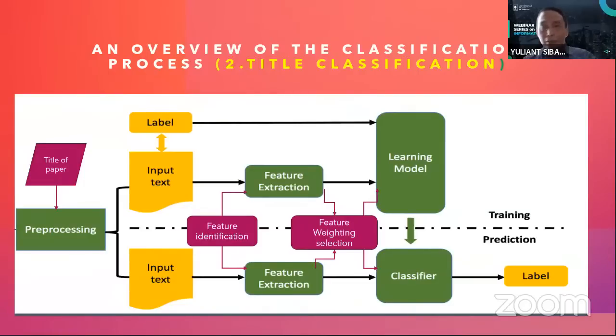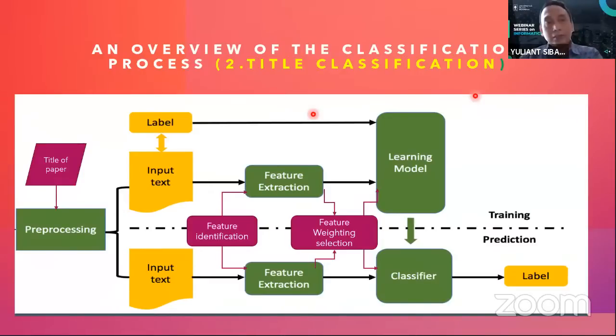For example, we classify one title to information system, maybe, or informatics, or computer science, telecommunication, etc. Of course, this process is called supervised learning. So we need to define the class labels first by the user.